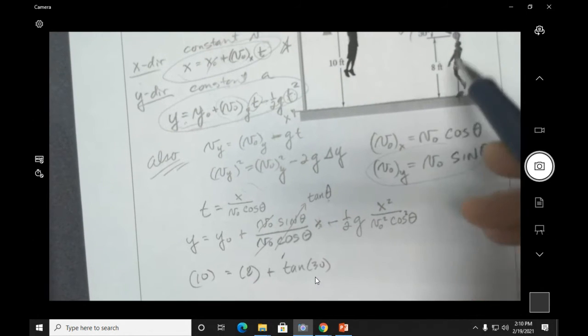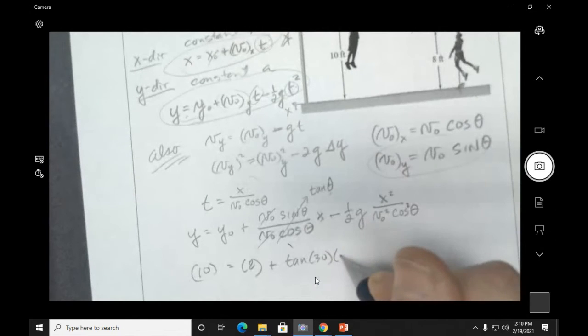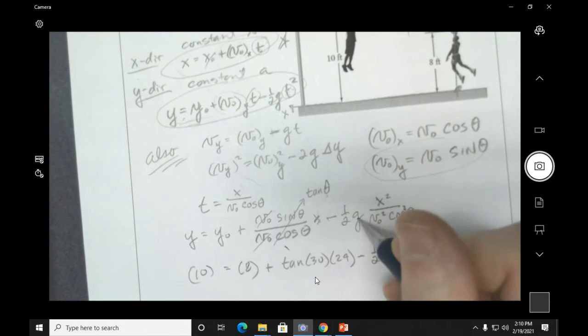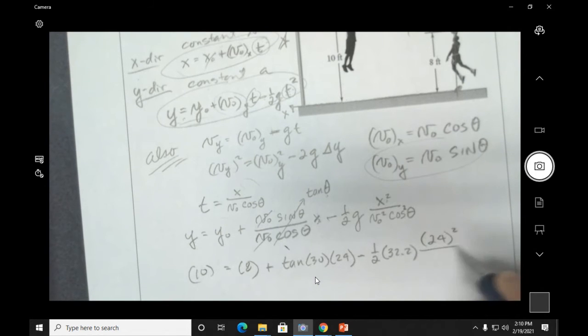The x position is 24 feet away. Gravity is 32.2 feet per second squared. The x is again going to be 24 feet, but it's squared. V0 is what we're trying to find, and then the cosine squared of the angle that we know.